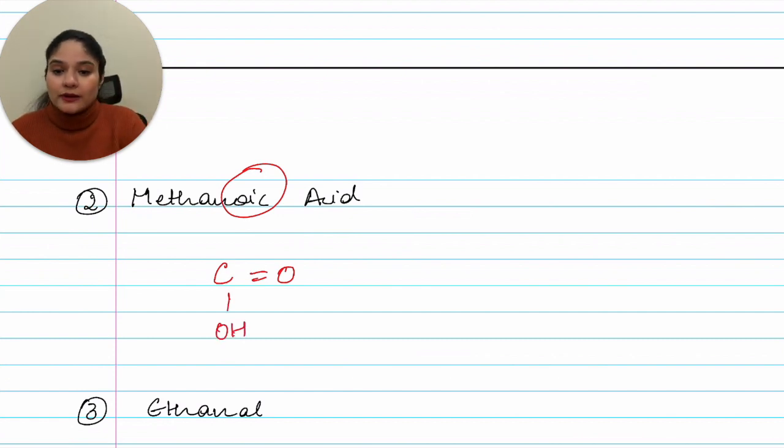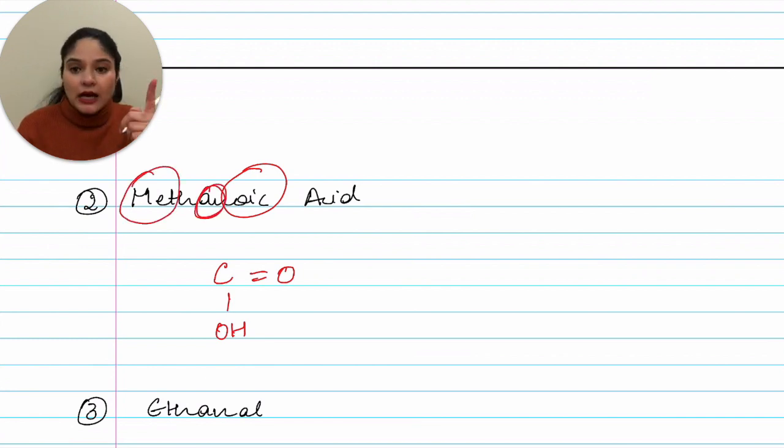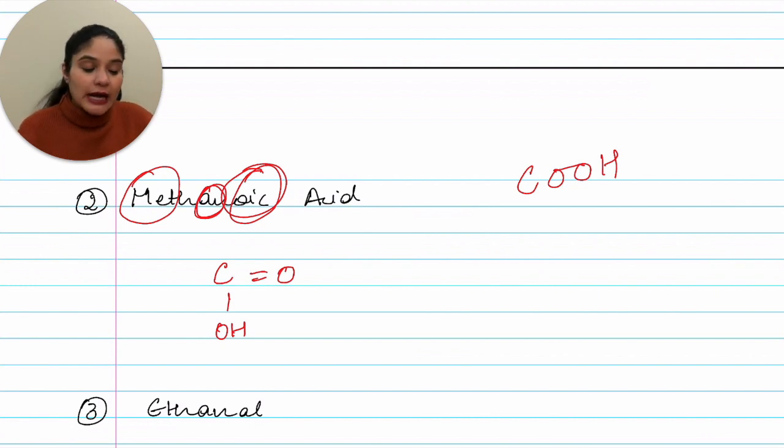Methanoic: meth means one carbon, ane means single carbon bonds, oic is carboxylic, COOH. Since no position is given, whatever carbon you have gets a double bond O and a single bond OH with it. Carboxylic, methanoic. Okay, students.